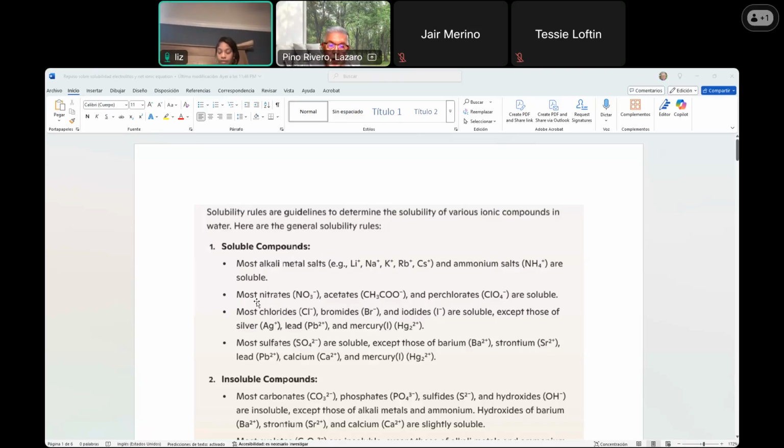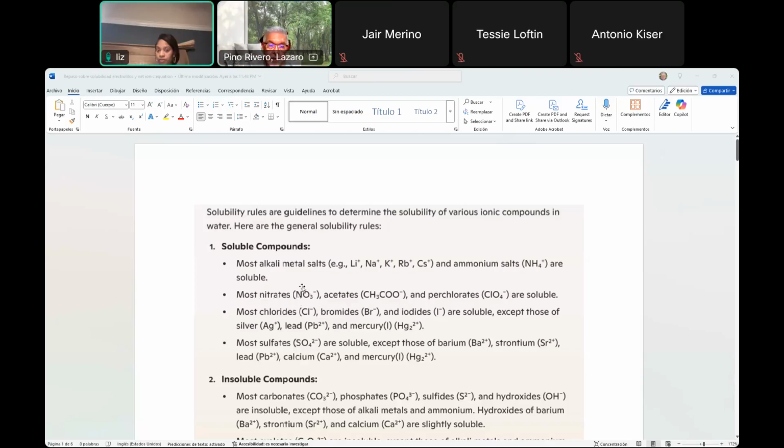Okay. Then also when you have nitrates, acetates, perchlorates, most of these salts are soluble. But what happens with chloride, bromide, and iodide?